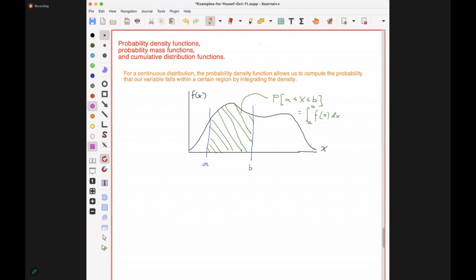Importantly here, density functions always integrate to 1 across the whole region. So negative infinity, positive infinity, they integrate to 1. And mass functions, which I'll talk about in a second, always sum to 1.